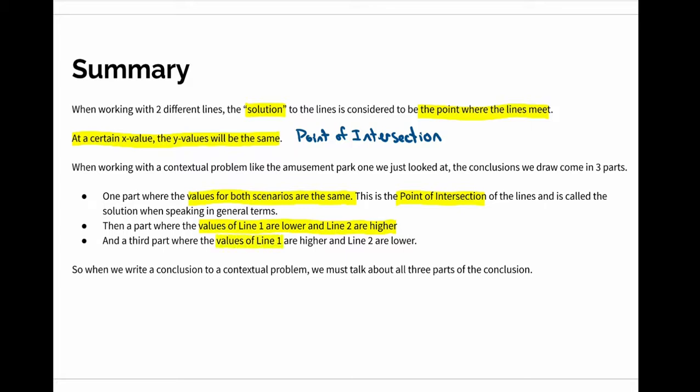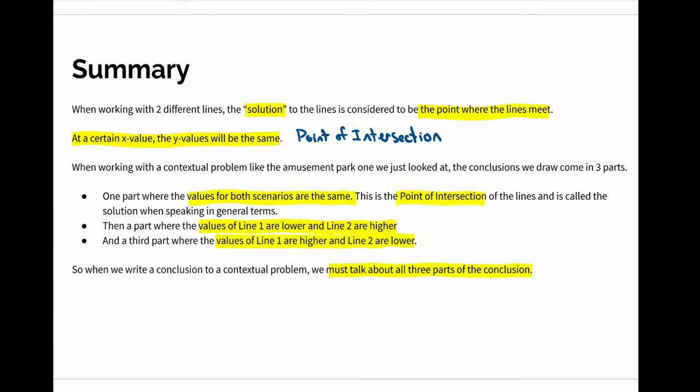And the third part is when the values of line 1 are higher and the values of line 2 are lower. So when we write a conclusion to a contextual or word problem of this type, we must talk about all 3 parts of the conclusion. So again, talking about when they're the same, when one is higher, when one is lower.